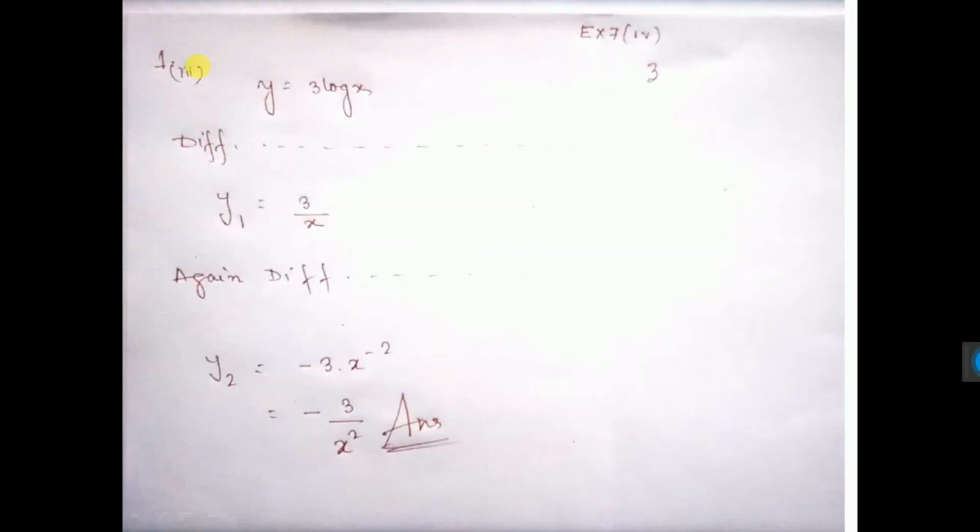Next sum you see: y is equal to 3 log x. Differentiating both sides with respect to x, dy/dx equals, now actually dy/dx we can write y1 or y dash, it is the same thing.